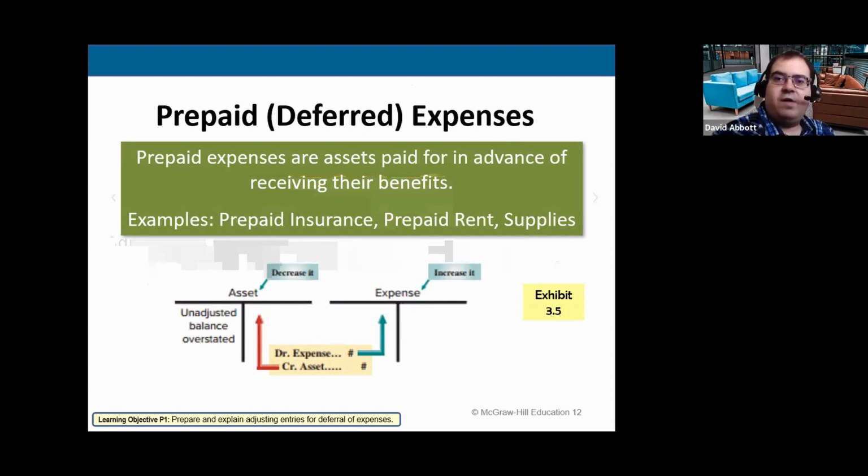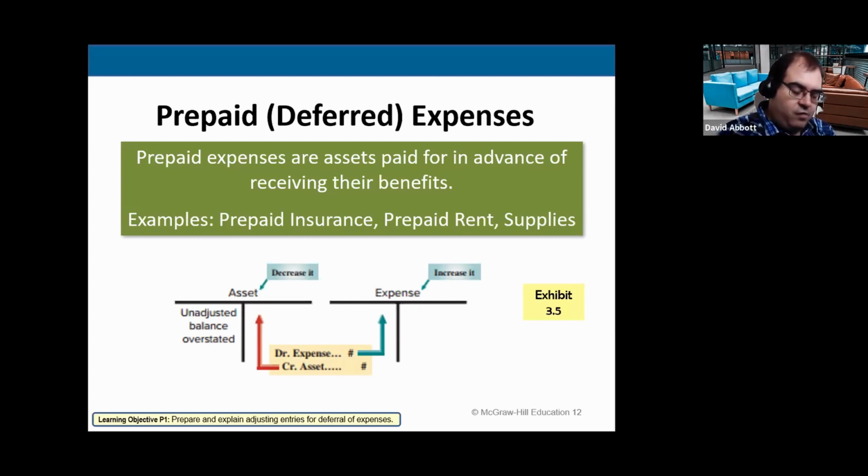Prepaid deferred expense. Again, the prepaid expenses are assets paid for in advance of receiving their benefits. And again, examples are, as we've discussed, the prepaid insurance. Prepaid rent is another one. Oftentimes, maybe you'll pay your rent up for 6 months, or maybe even up for a year. And then, of course, supplies, you buy them at the beginning.